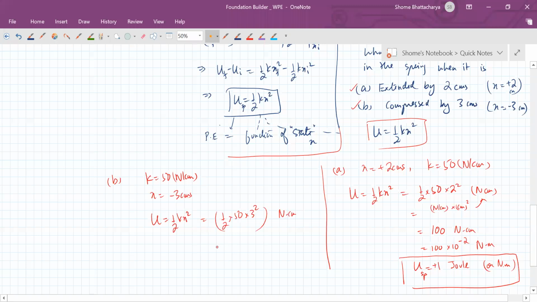So it's becoming 25 into 9, so that is 225 Newton centimeters, or that's the same thing as 2.25 joules or Newton meters. So this is the potential energy in this case.